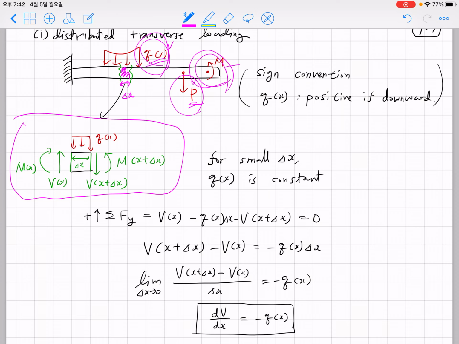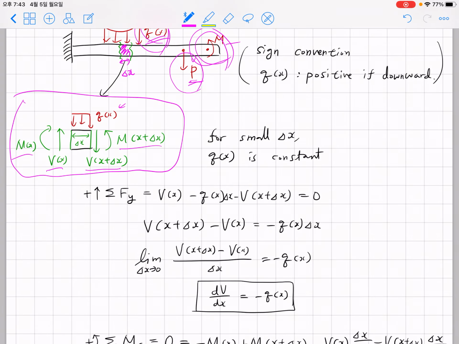We have external force, which is specified in red color, and we have force left and force right, and we have moment on the left and moment on the right. So we set positive sign convention direction for both left facing and right facing surfaces. And for small delta x, very small width, we can set this distributed loading as a constant number.